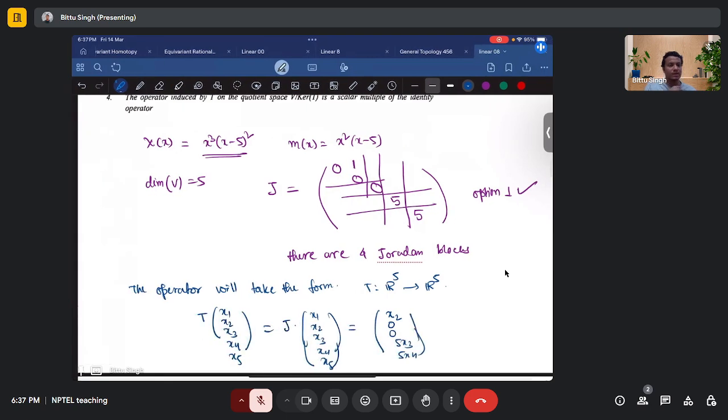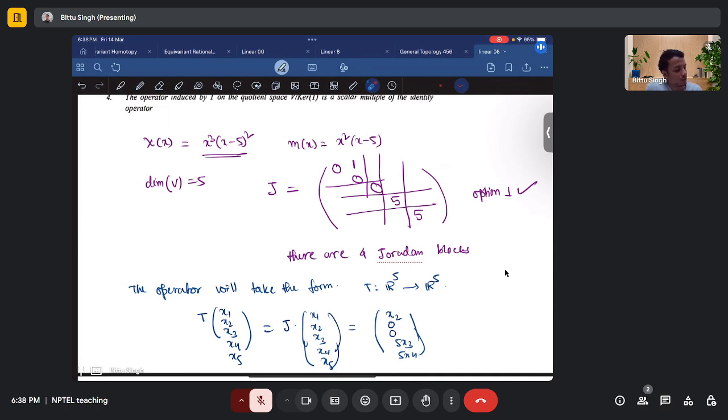So this is actually the matrix representation of the operator with respect to some basis, because the operator may not exactly look like this, but with respect to some basis it will look like this, right?